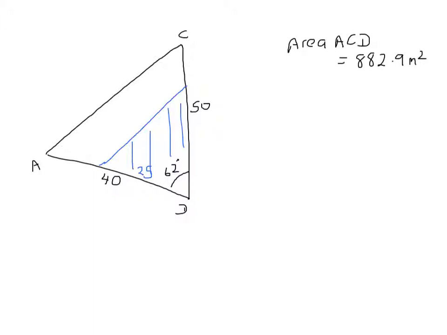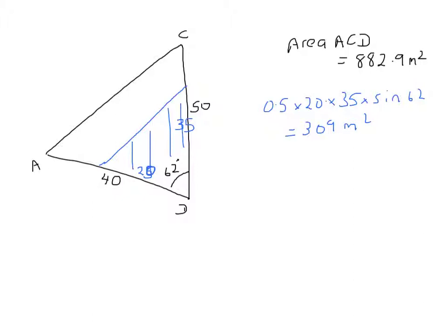Make this side length 20, or I might keep that at 20 and make this one 35 metres. So if I have a triangle that's 0.5 times 20 times 35 times the sine of 62, that equals 309 metres squared.